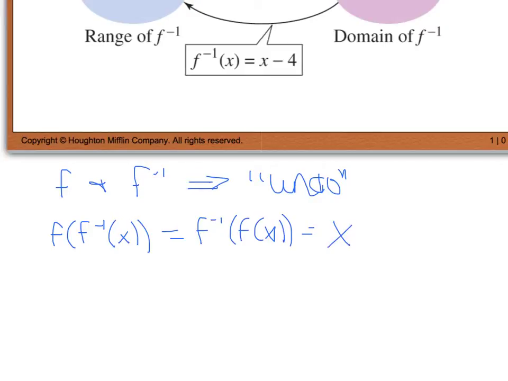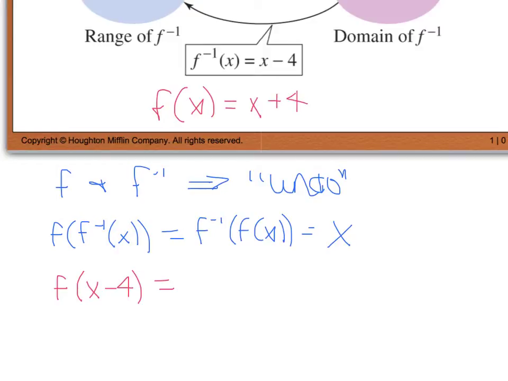So let's look at that. f of the inverse of f of x. What that means is we're going to do f of x minus 4, and right here is your inverse function. This is going to equal our original function, where f of x was equal to x plus 4.